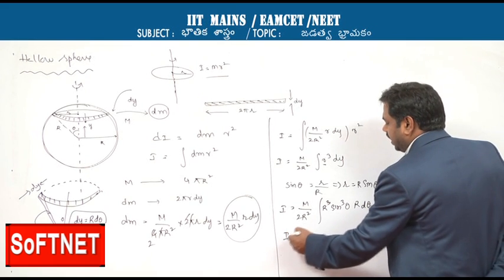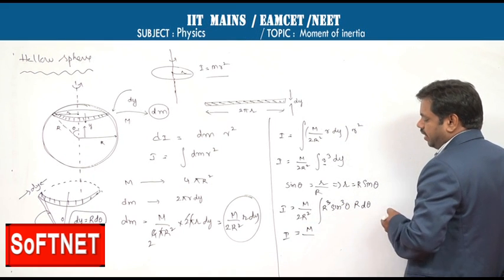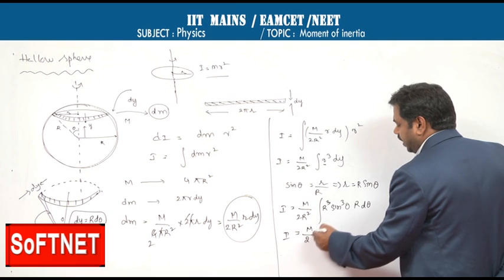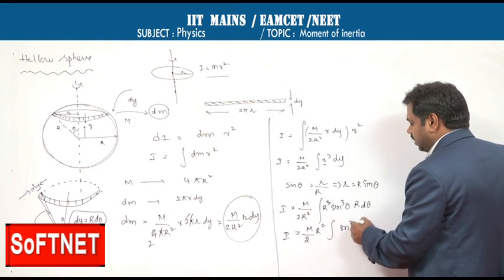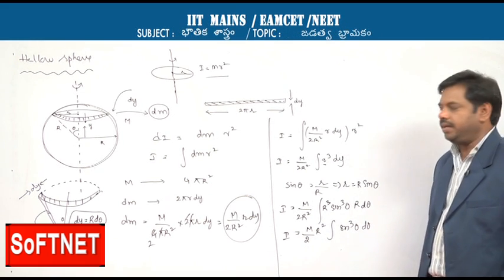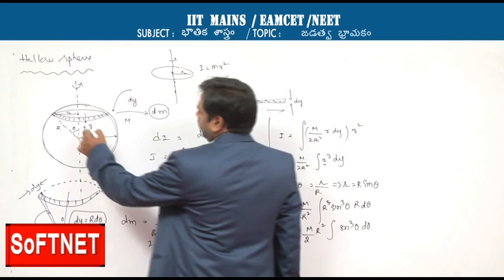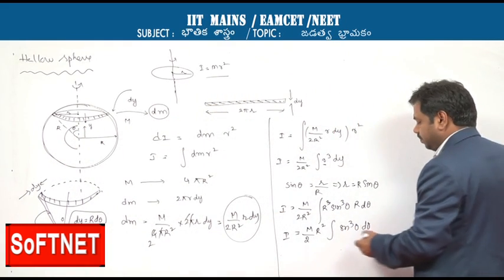That is equal to m by r cube and r, you will get r power 4, that is equal to m by 2 into r square. Now integration of sin cube theta d theta, where the limit runs from here to here, that is 0 to pi.